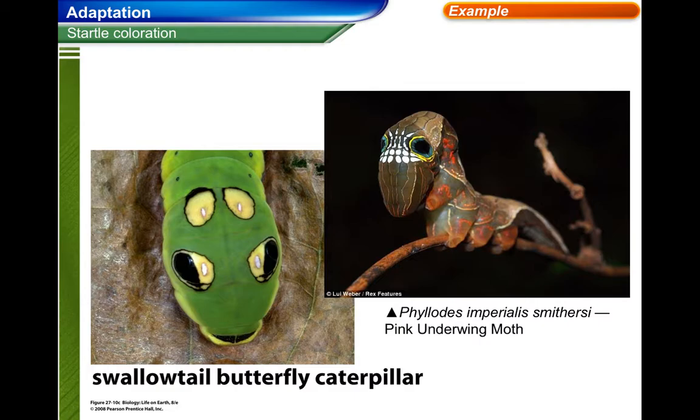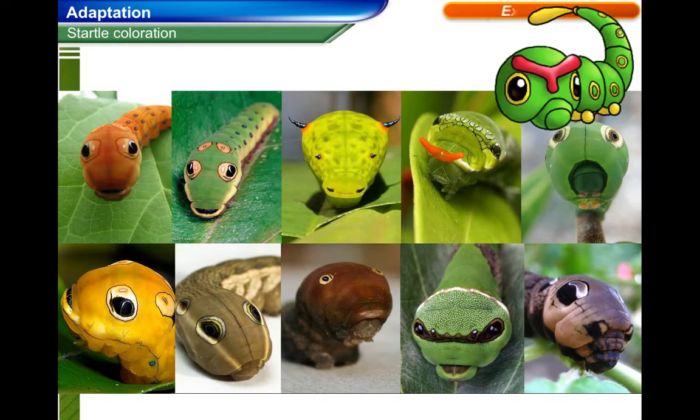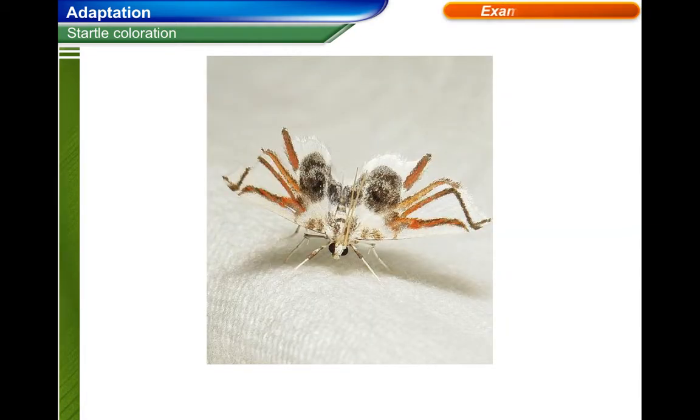And here we have many other examples of larvae, and this kind of disguise resembles a proportionally much bigger animal, like in this Caterpie Pokemon. Or for example this moth, whose spots look like spider legs.